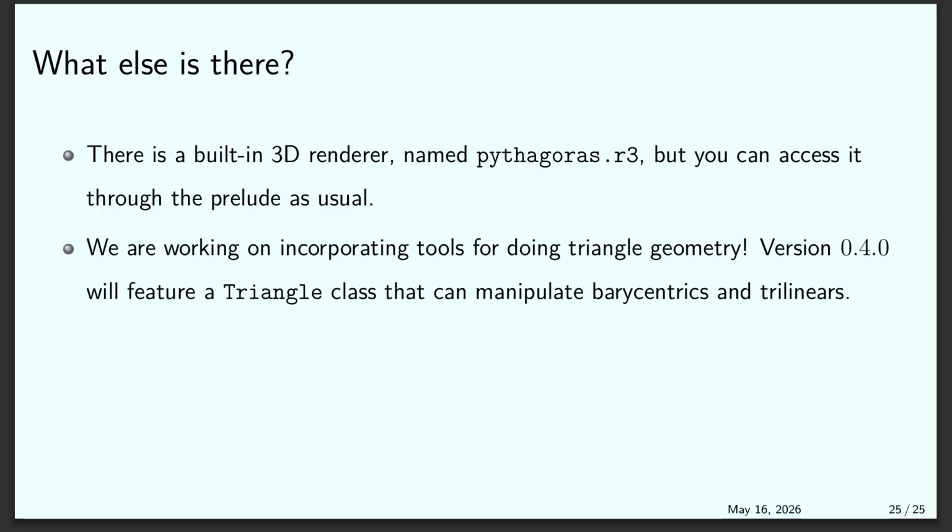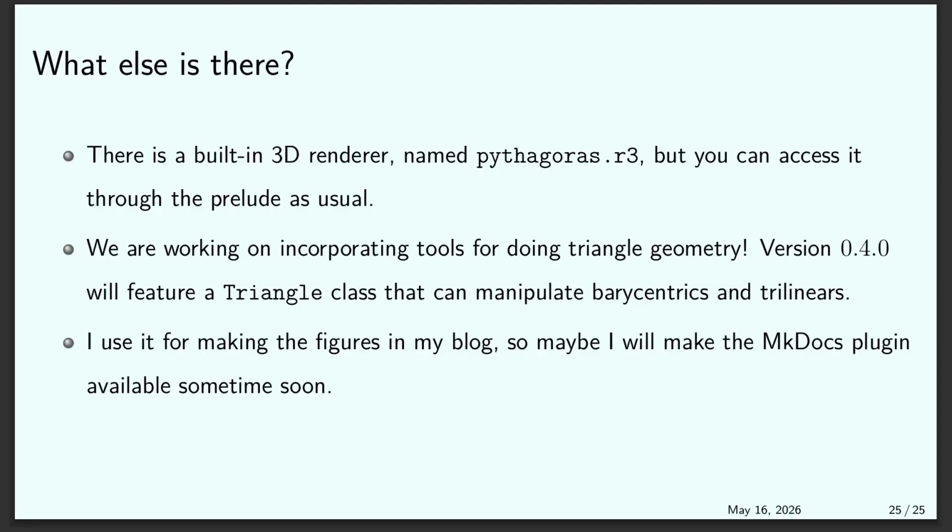And we're also working on making some triangle geometry. There's also already a triangle class implemented, to manipulate barycentric coordinates, trilinear coordinates, and all that sort of stuff you want to do when doing triangle geometry. I also made it for making figures in my blog. So you can check out my blog if you want. It's about nerd stuff.